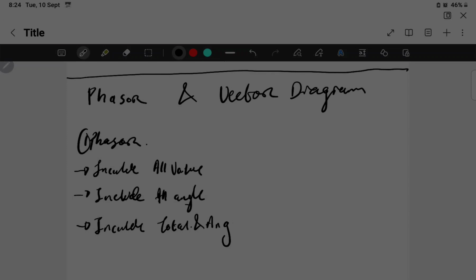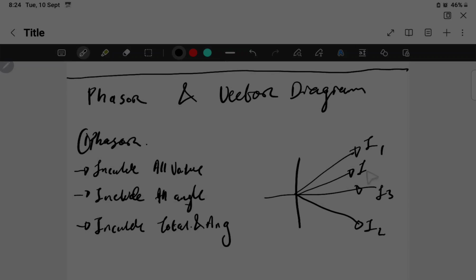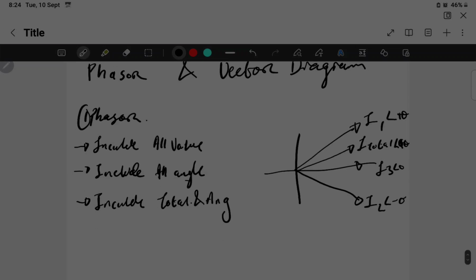What do I mean by that? Let's say you are given, for example, I1, I2, and I3, and then you find that your I total is over here. This has an angle of 0 degrees, this has an angle of negative theta, and this has an angle of positive theta, and this has an angle of positive theta. So now you understand.